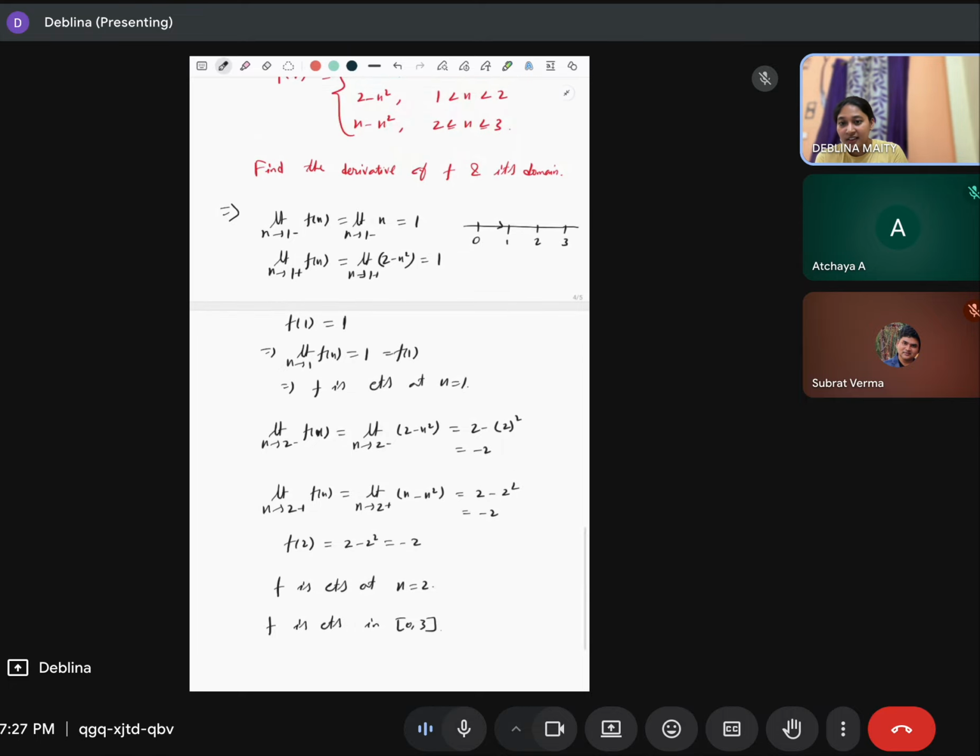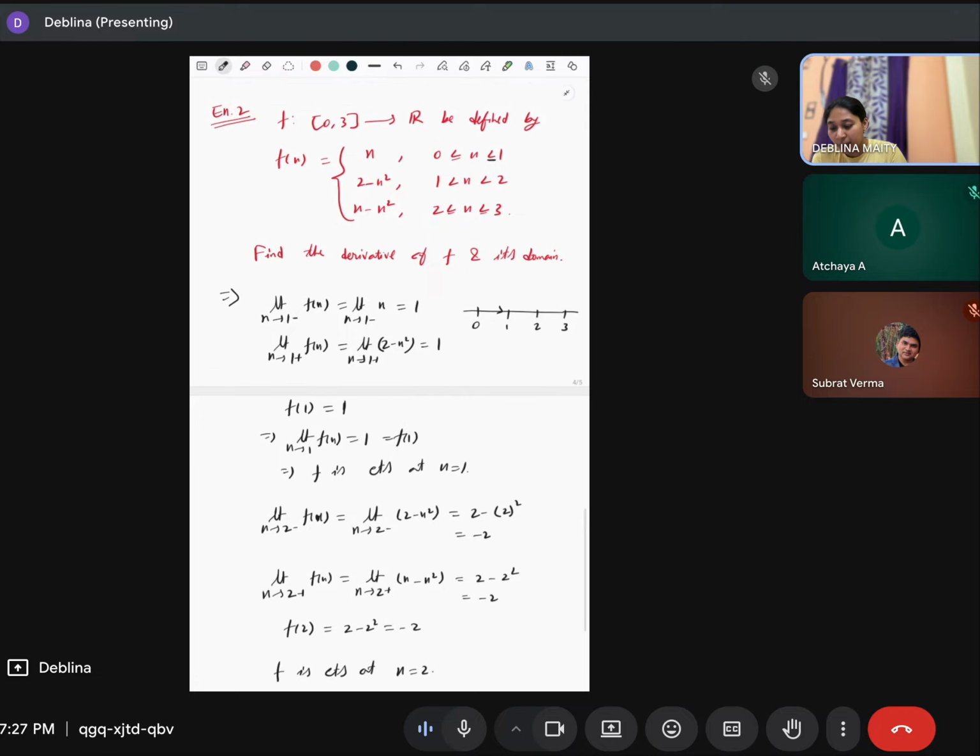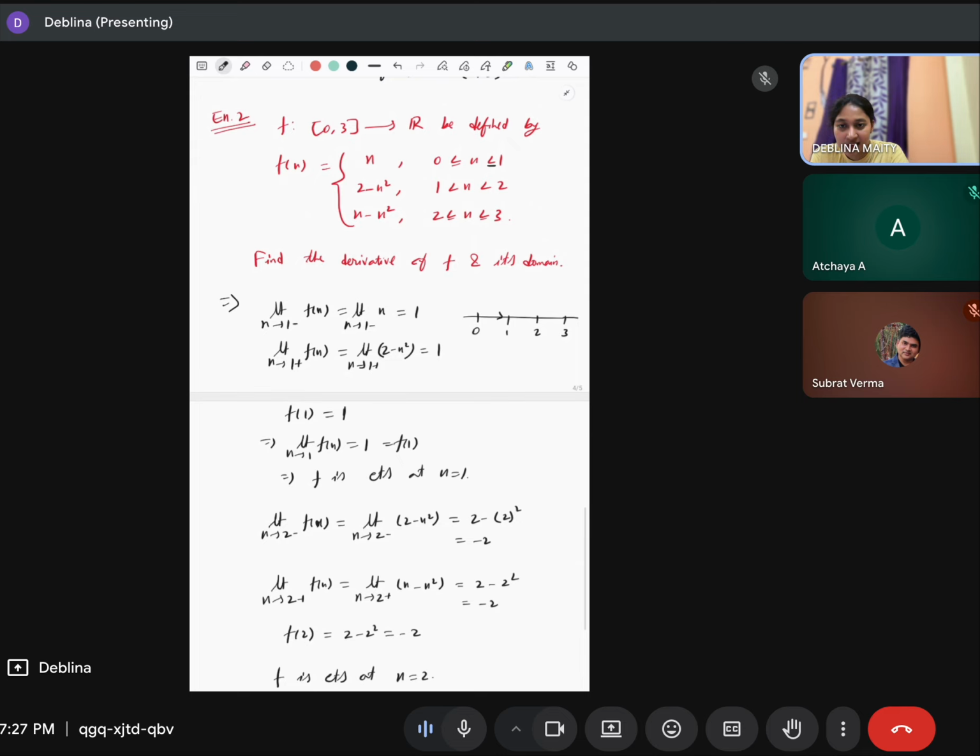Now we have to find the derivative of f. Since in the open interval 0 to 1 it is x, you can differentiate it, so f dash of x is 1 in the open interval 0 to 1, right? We have to check the break points 1 and 2.